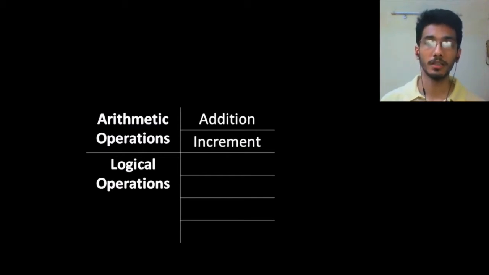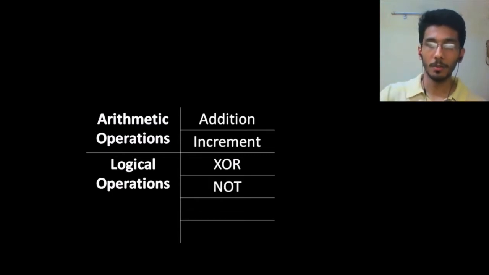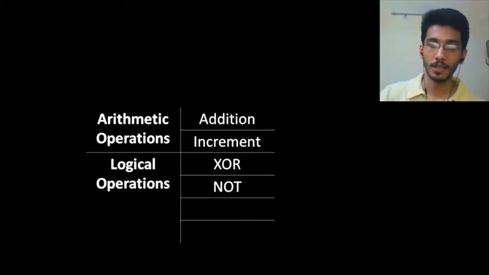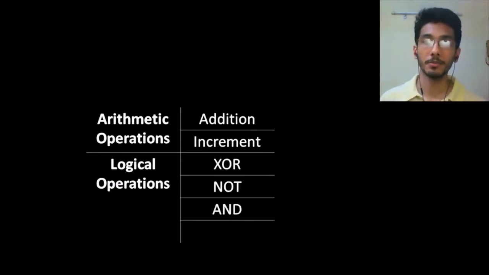So I wanted the ALU to take the input A, add 1 to it and generate the result. And I wanted the ALU to perform 4 logical operations: a bitwise XOR operation between A and B, a bitwise NOT operation with just the A input, a bitwise AND operation between A and B, and a bitwise OR operation between A and B.